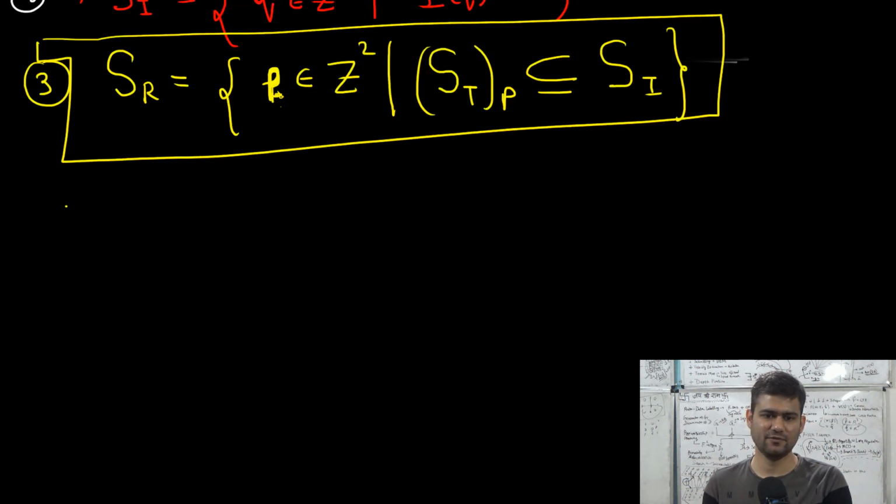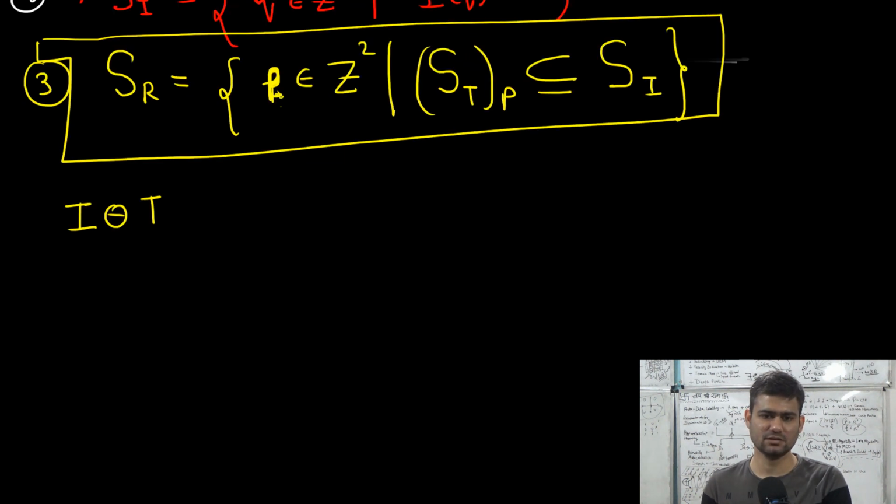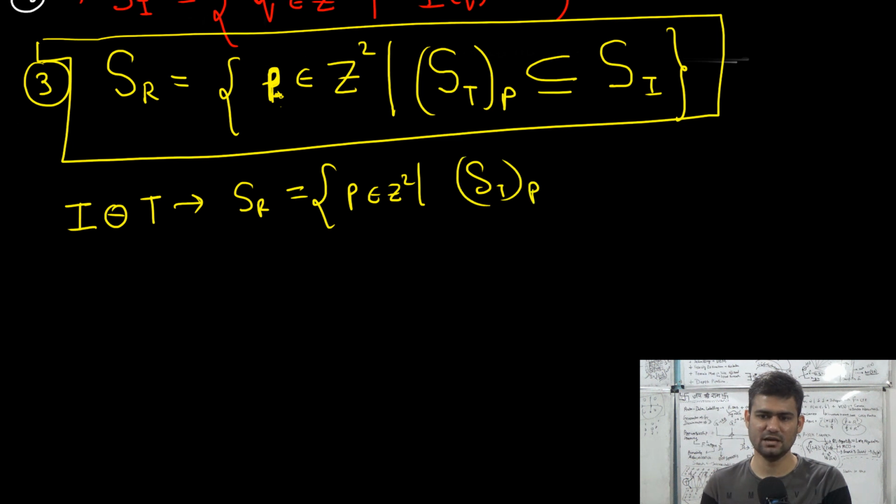So basically, if we apply the operator to erode the image, it will give us the set SR, which is a set of all coordinates P in Z square such that ST translated by P is a subset of set Si.